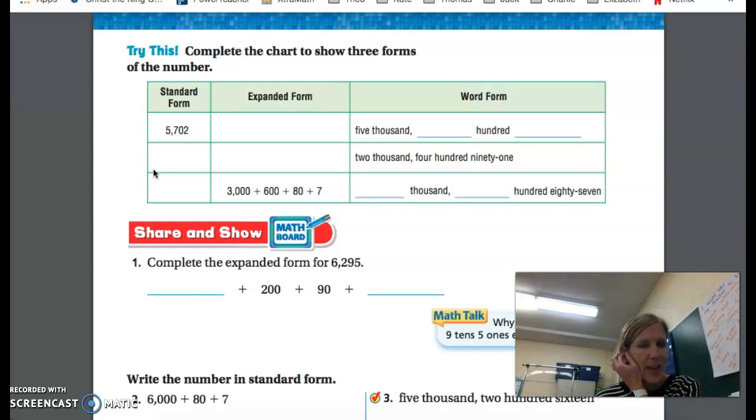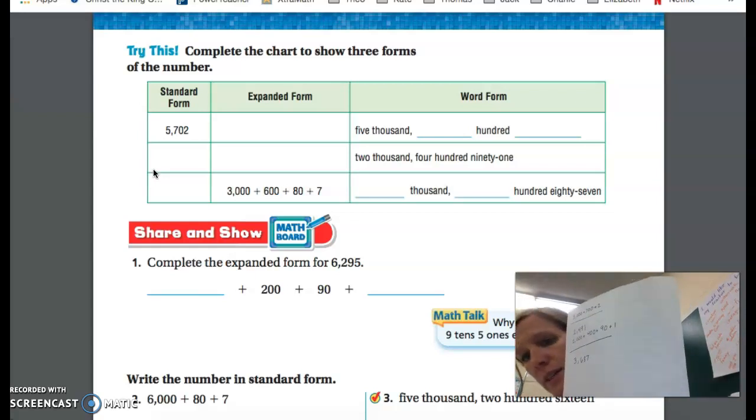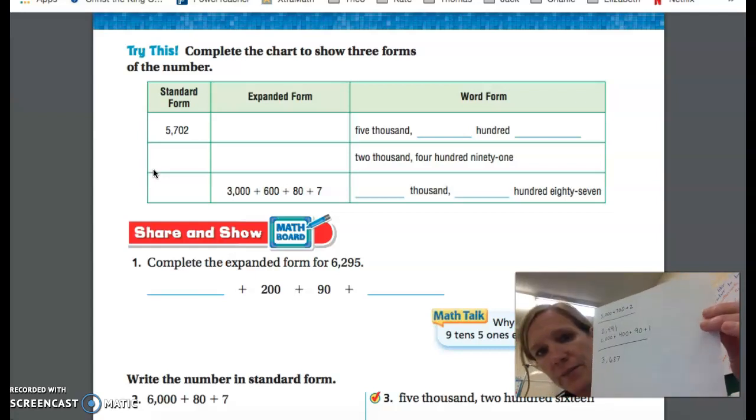All right. And then the last one. They give it to us in expanded form. And that's it. 3,000 plus 600 plus 80 plus 7. So 3,000 plus 600 plus 80 plus 7 would be 3,687. 3,600, can you see that? 3,687.